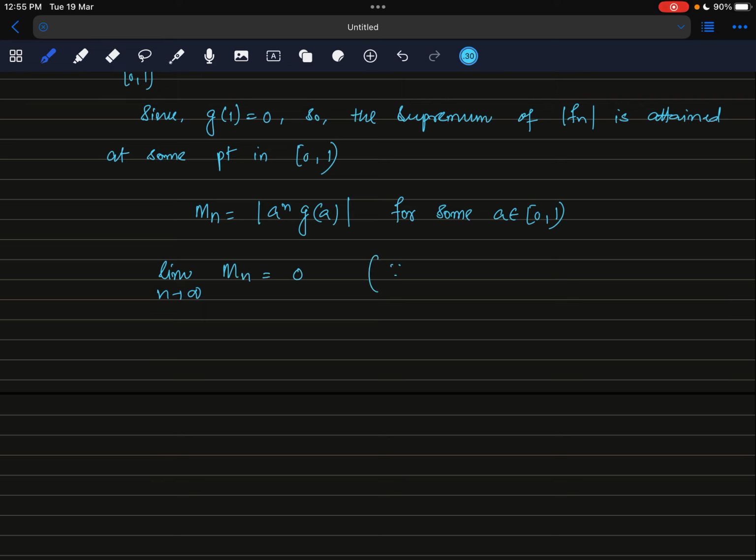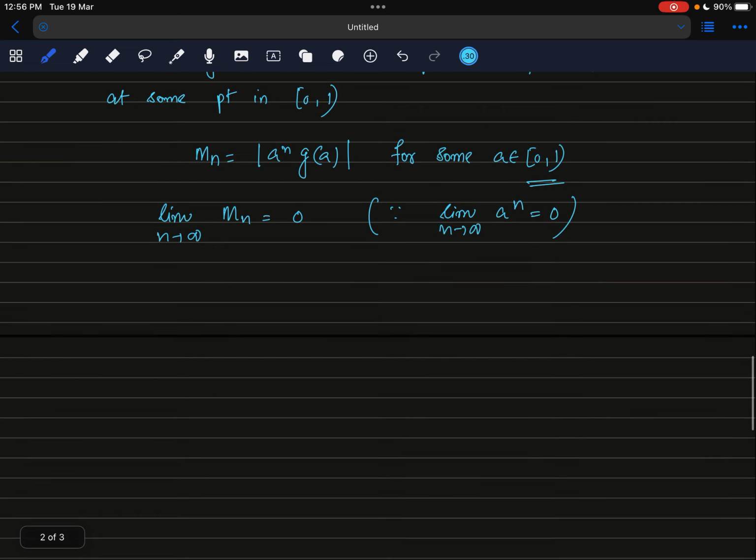Why? Since the limit of a^n equals 0, since a belongs to this interval.